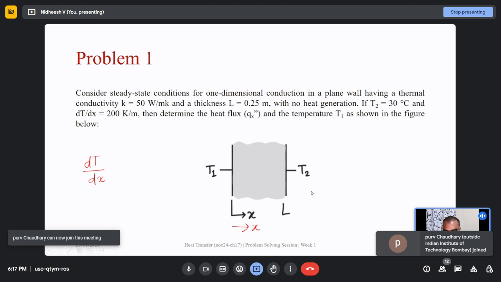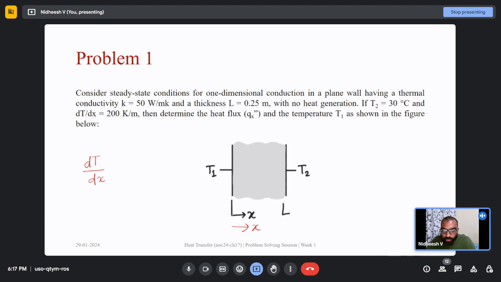dT by dx means as we move from x equal to 0 to x equal to L, how the temperature varies. Rate of change of temperature with respect to x. I hope that's clear.